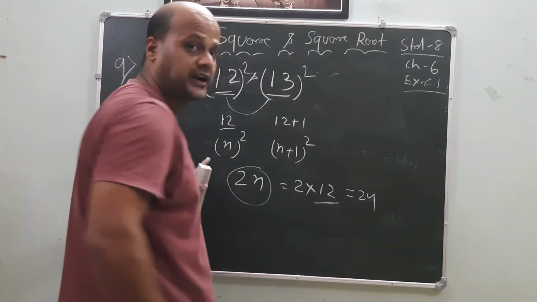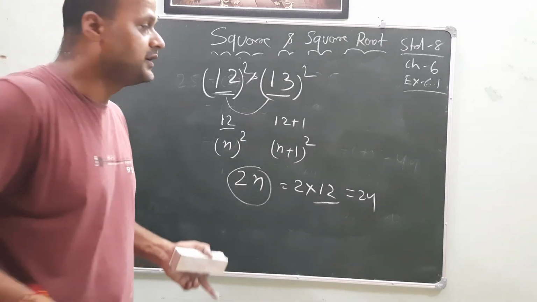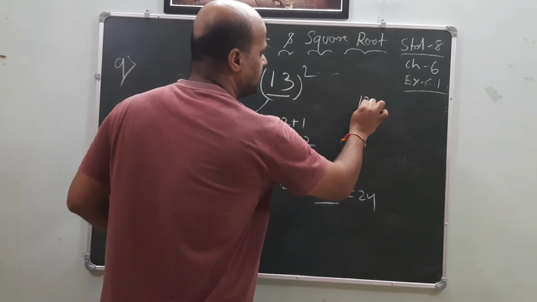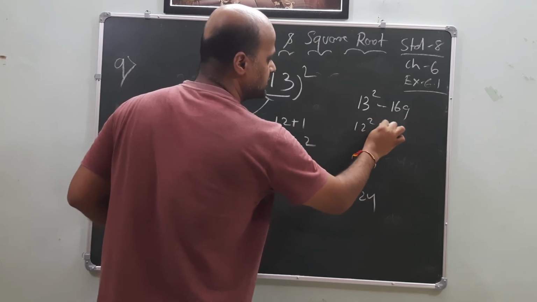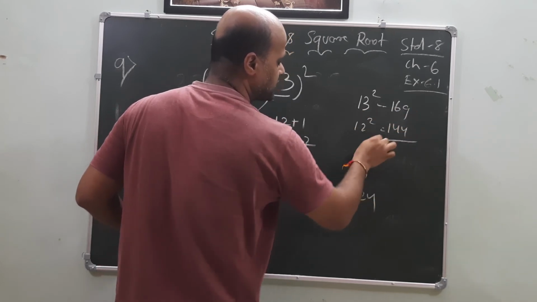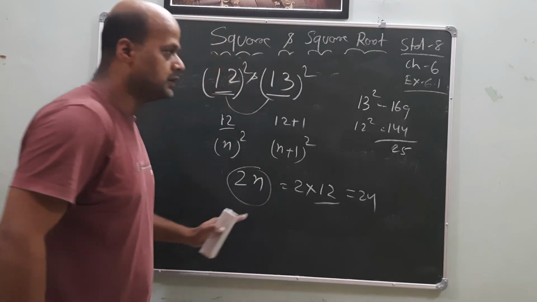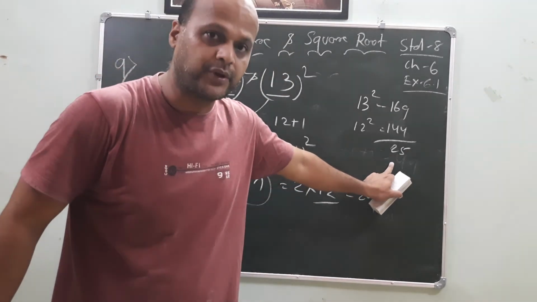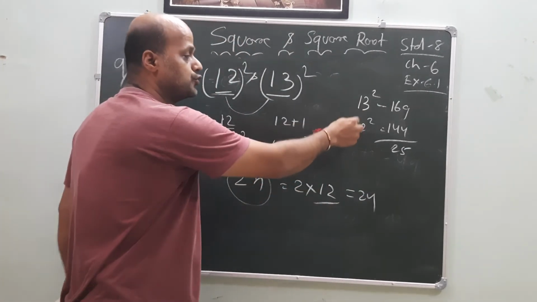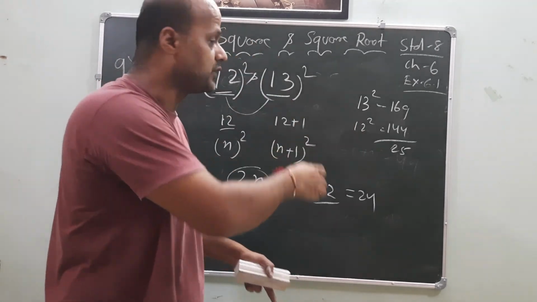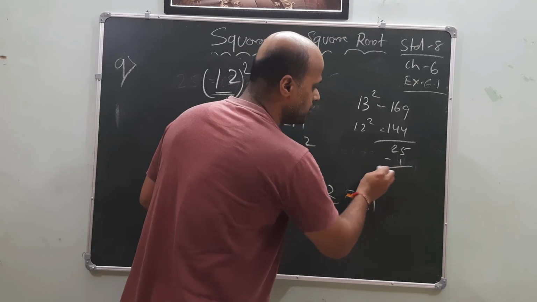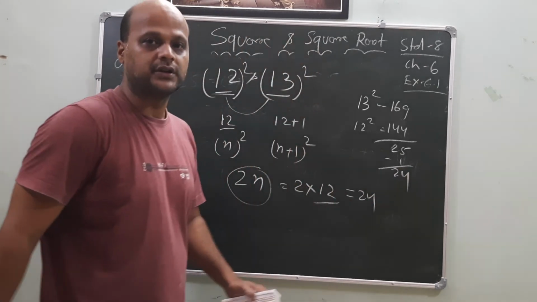Example: 13 square is 169 and 12 square is 144. If I subtract, 25 will come. But don't get confused by 25, because here we are saying in between numbers, so one number is added with this one. That's why minus 1 will do and 24 will come here.